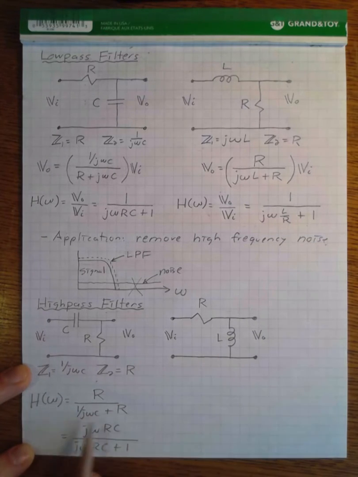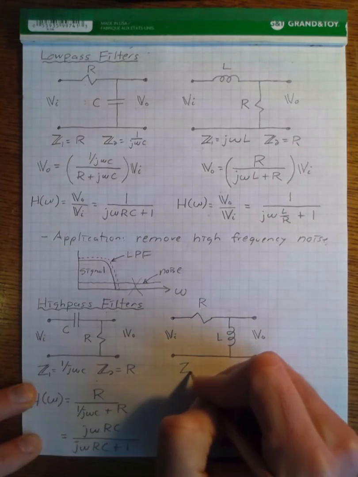And this was the same transfer function that we saw in our review module. And basically, when omega is very low or when omega is equal to 0, this response is equal to 0. And when omega is equal to infinity or very high frequencies, this transfer function is approximately equal to 1.